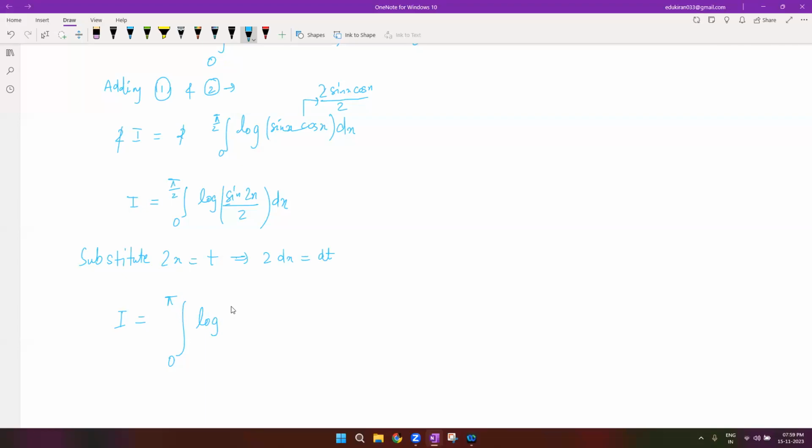So this becomes log of sine t, divided by 2. This becomes dt by 2. And the limits are from 0 to pi. Right?